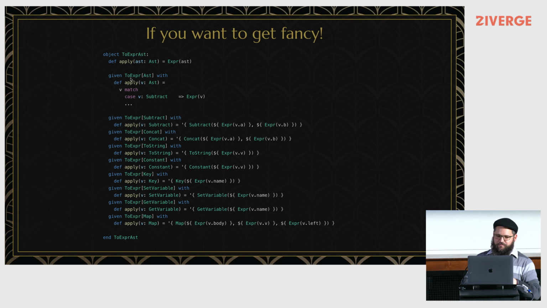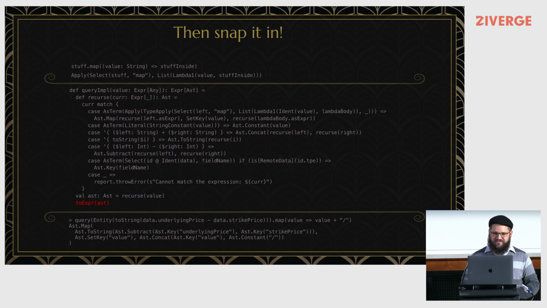There's this toExpr thing that they've implemented as part of the Scala 3 API, where you can do this with type classes if that's your ball game. But anyway, let's just snap it in, toExpr at the end, and we just convert it to expr of AST.